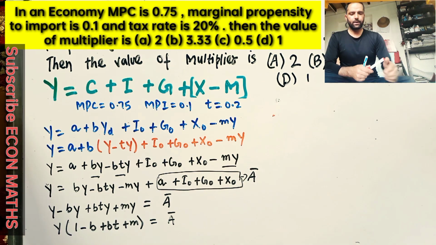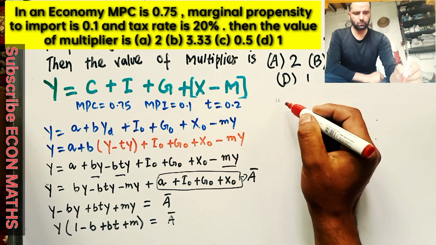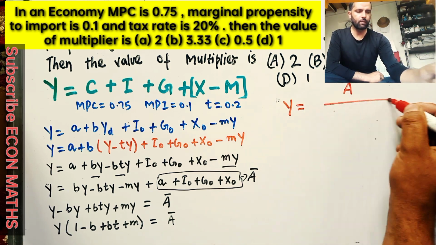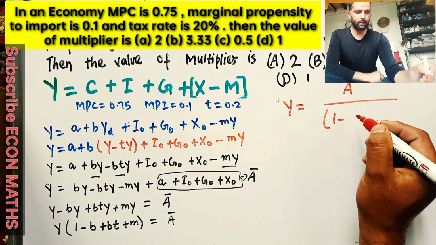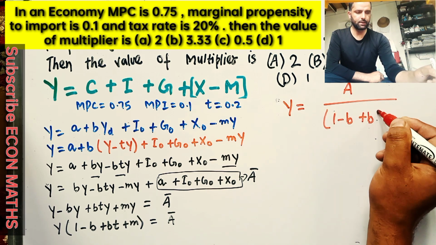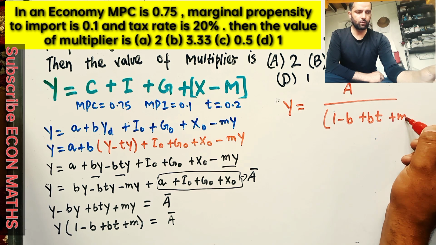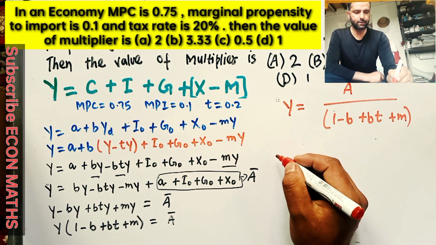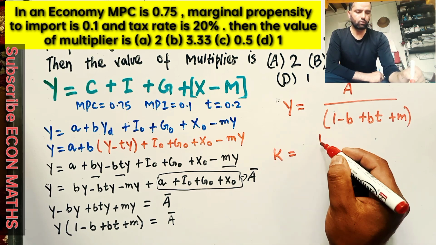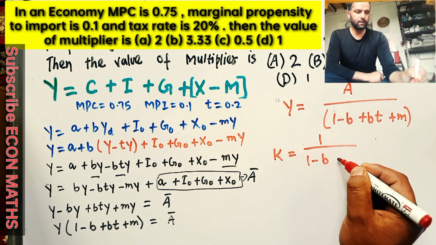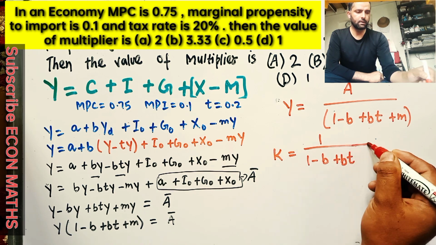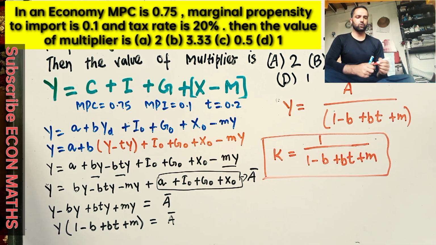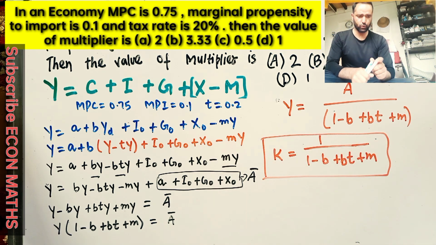So y is equal to A bar upon 1 minus b plus bt plus m. And our multiplier, let's denote it by k, is equal to 1 upon 1 minus b plus bt plus m. This is our multiplier, which we also call the foreign trade multiplier in this case.